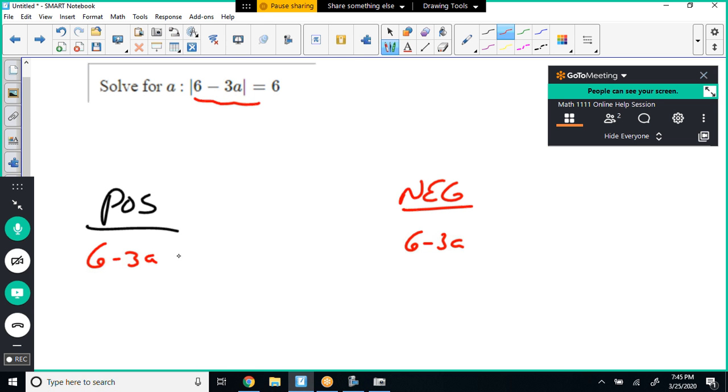Whatever's in the absolute value goes on both of them, right? The positive equation is identical to what's up here, except it doesn't have the absolute values. The negative equation has everything underneath the absolute values, but the right-hand side gets multiplied by -1. So this is really -1 times 6, right? Which is -6.